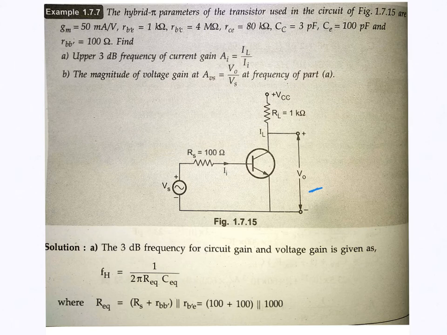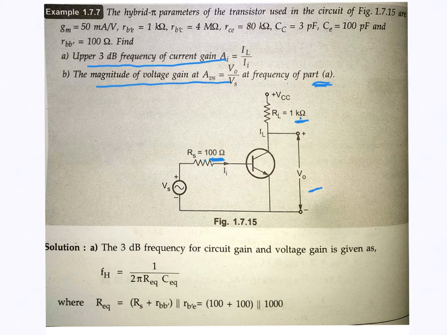What is asked is we have to find the upper 3 dB frequency of current gain, and next the magnitude of voltage gain at the frequency which we calculated in part A. This is the circuit he has given. Here RL is equal to 1 kilo ohm and Rs is equal to 100 ohms.